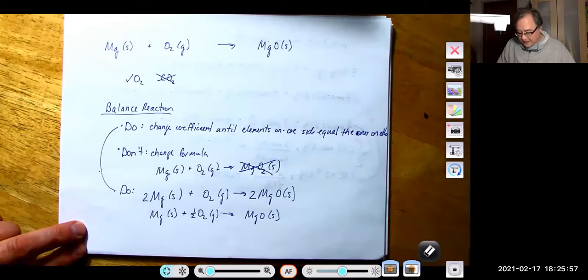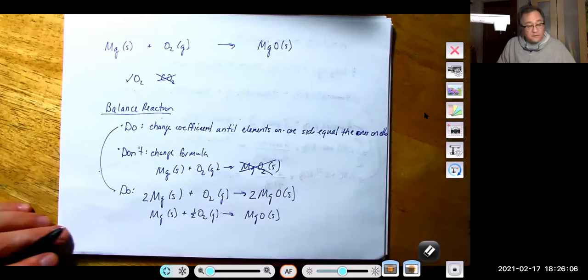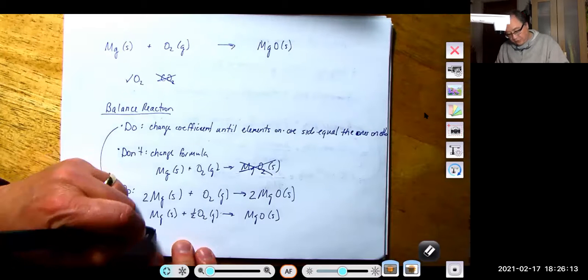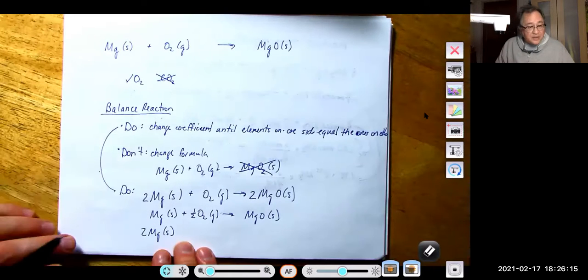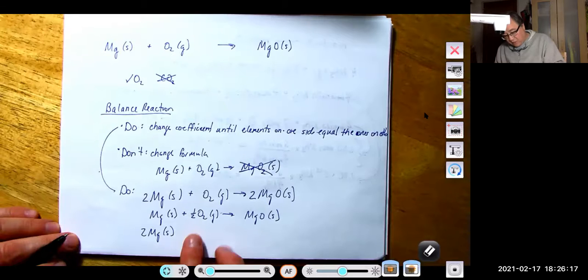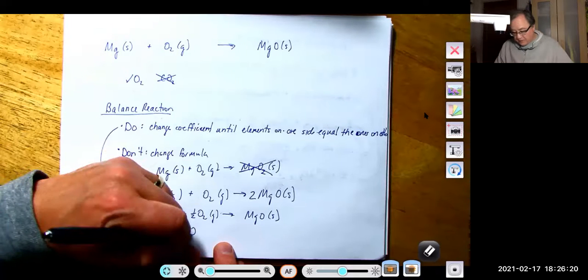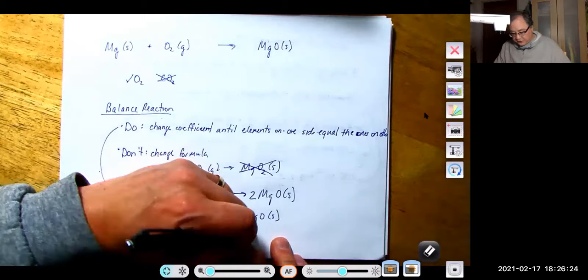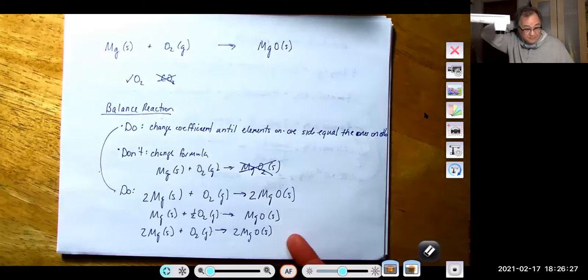So we don't like coefficients that are fractions in our balanced reactions. So what do we do? We double everything. Now the default coefficient is 1. So how many magnesiums do we get if we double it? 2. What happens when we double half? We get 1. And what happens when we double 1? We get 2. So this is 2 ways of achieving the same outcome of a balanced reaction for this problem.